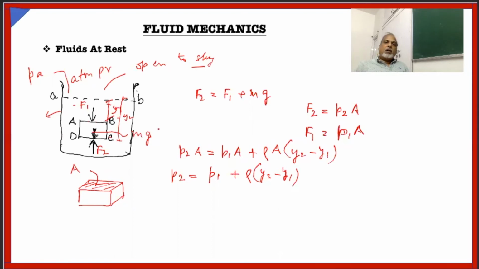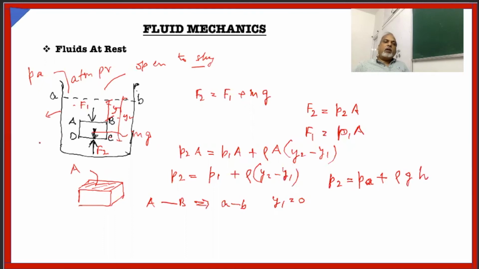Suppose AB level is coinciding with this level, then your Y1 will become 0, and suppose height of this is h, then we can simply write P2 will be nothing but, now here suppose AB level is coinciding with AB, then P1 will become atmospheric pressure plus rho g h.